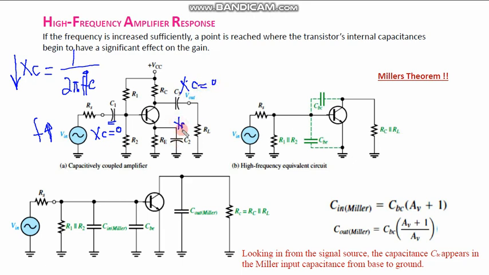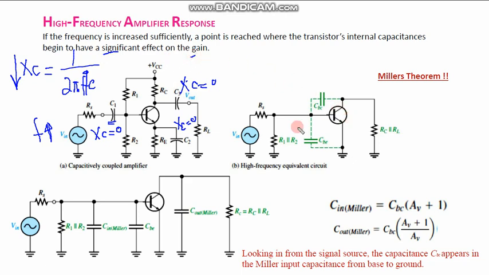This becomes the very ideal case as we studied in chapters 5, 6 and 7. We treated this reactance as 0, but the problem is that at high frequency there will be a formation of internal capacitances, which have a significant effect on the gain.